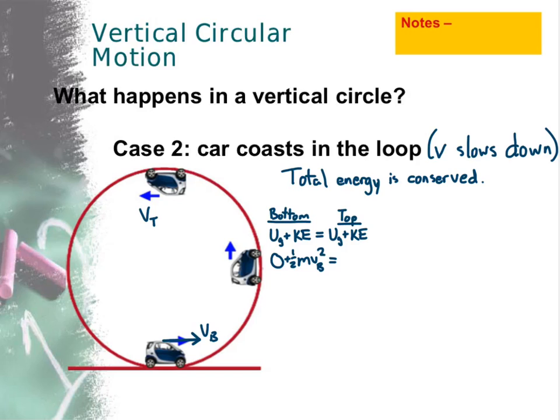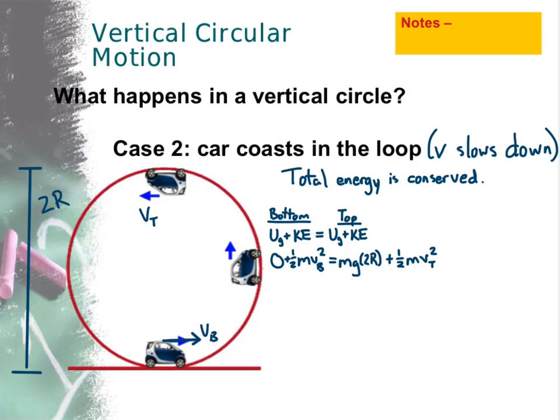And then at the top we have m times g times h. And what is the height of the car when it's at the top of the loop-de-loop? Well, that happens to be 2 times the radius of the loop. So instead of h, I'm going to put in 2 times r. And then, be careful here.